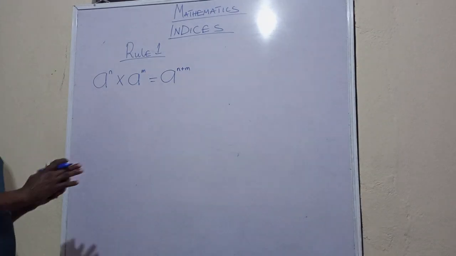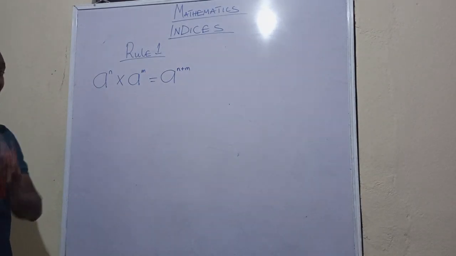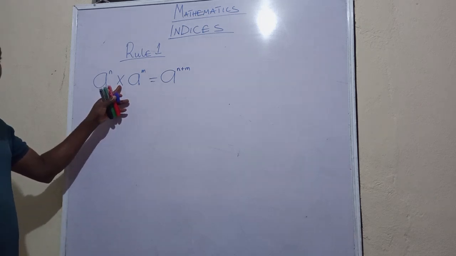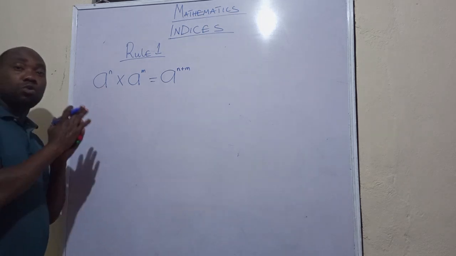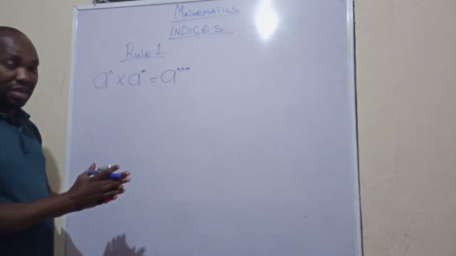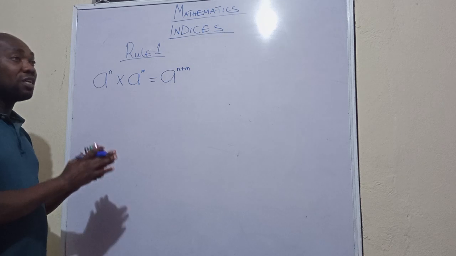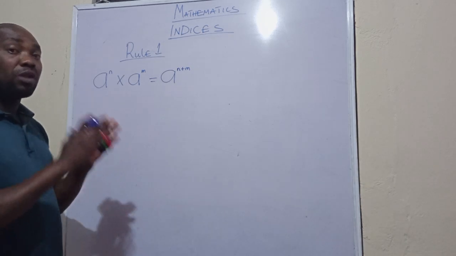So they will add, they will not multiply, because here it is multiplied. So rather, the index will add: if two values undergo multiplication, their indices will add.